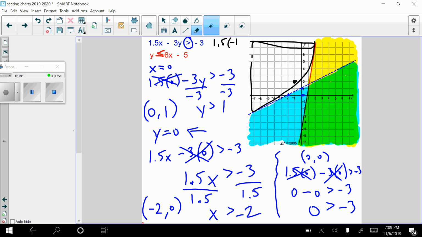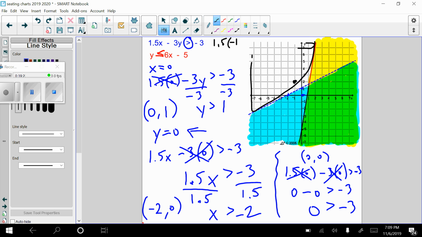I'm tracing this area right here. And then I would say subtract 3 times 2, because that was my y value, should be greater than -3.